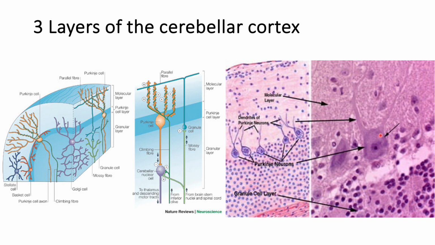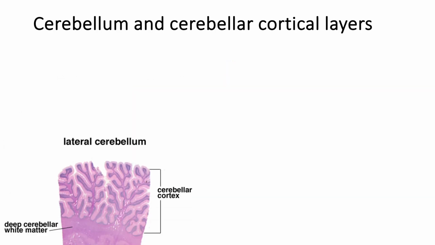In this micrograph, you can easily identify the cell body of a neuron, and that is the Purkinje cell. The granular layer is that region. Then the molecular layer contains a lot of the dendrites from the Purkinje cell.